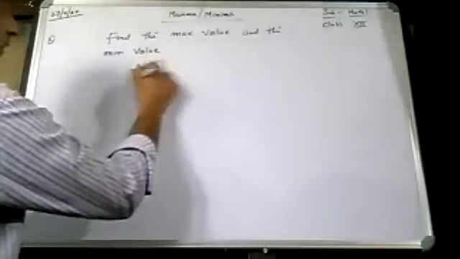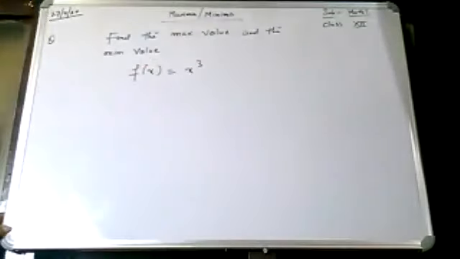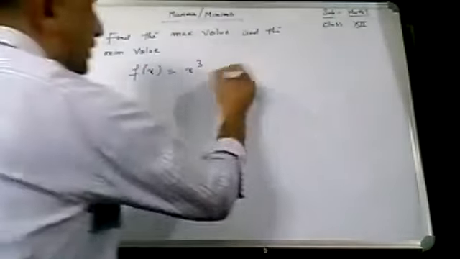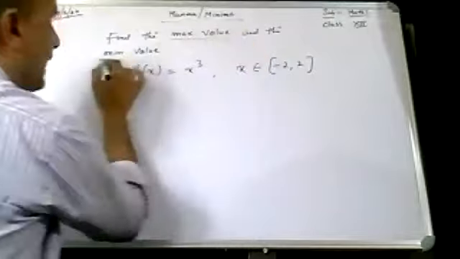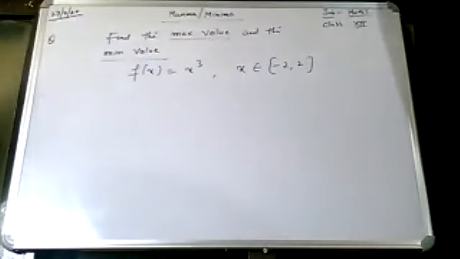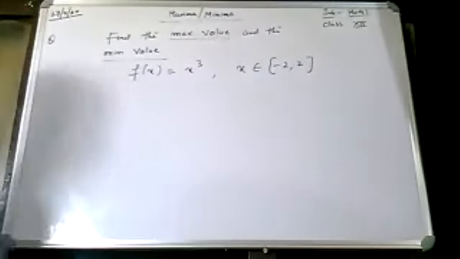The function is f of x is equal to x cube, x belongs to minus 2 to 2. So the maximum value and minimum value you are supposed to find. Clear class? This is the question.